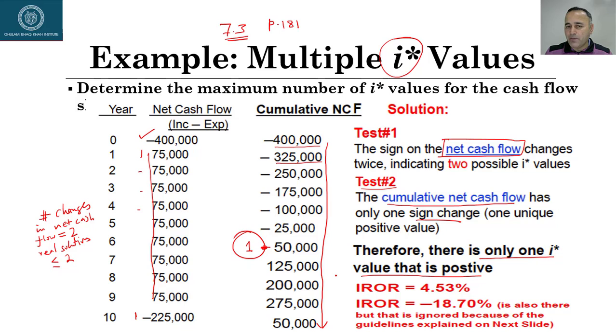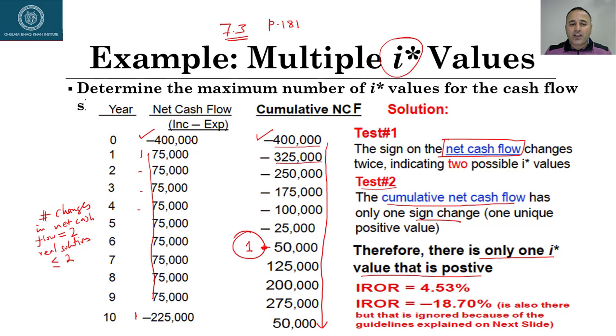Okay, so let me recap it for you. The Nordstrom criteria says that if the cumulative net cash flows started negatively, and if there is only 1 sign change, it means that there is one positive solution.